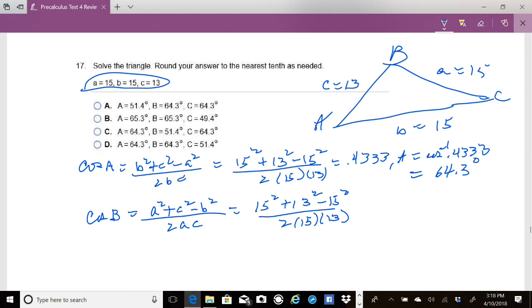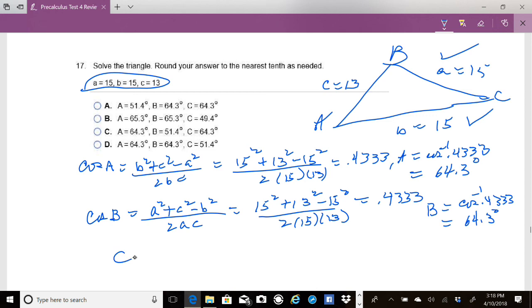We should have seen that since we have two sides the same, cosine of B is going to be the same thing. It's going to be 0.4333. So again, B is inverse cosine of 0.4333, going to be 64.3 degrees.